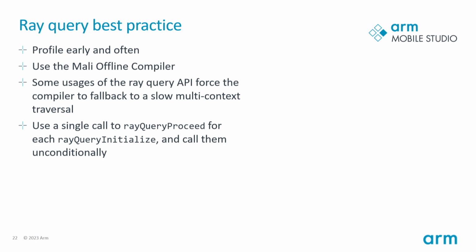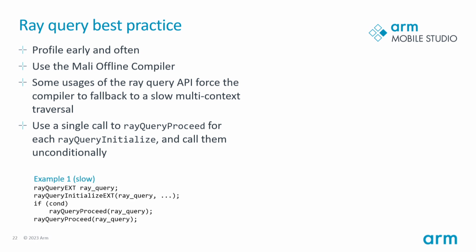So as always, the advice from Arm is to profile early and often and measure the impact of any changes. To assist with this, Arm offers a suite of free tools known as Arm Mobile Studio. Since ray query code appears in shaders, we have a Mali offline compiler to run some static analysis and find the efficient use of the API.